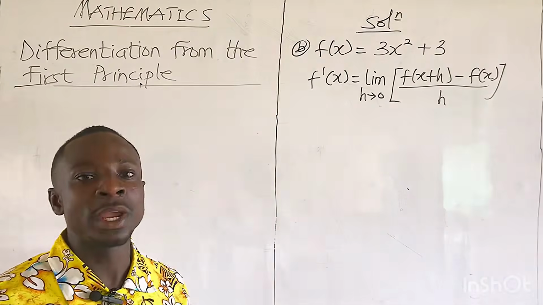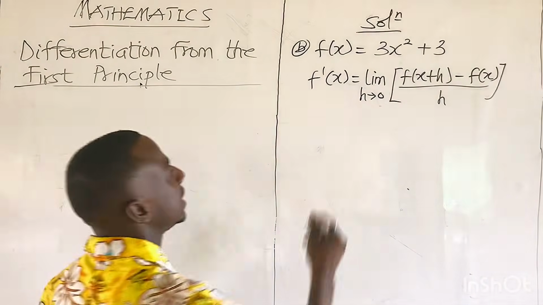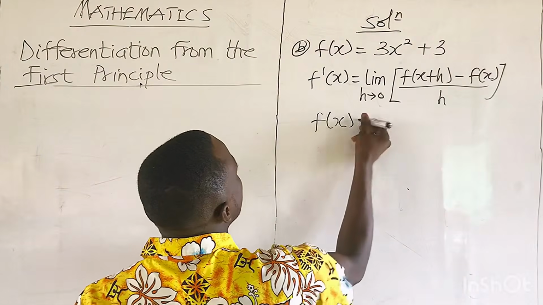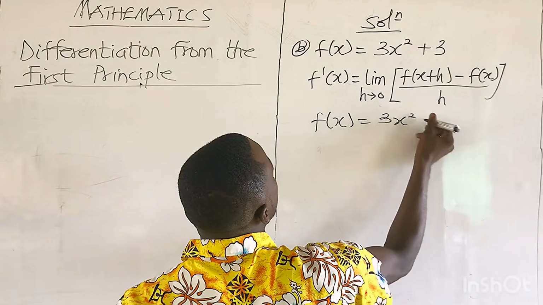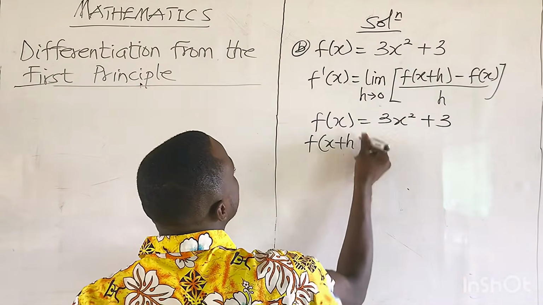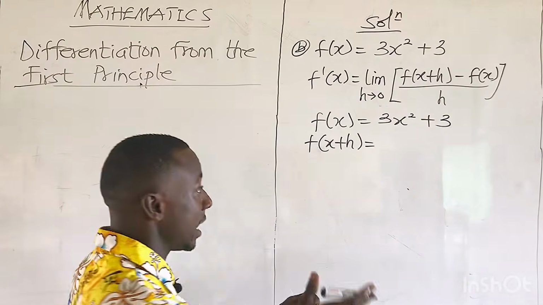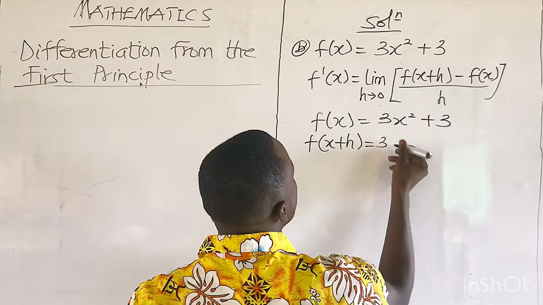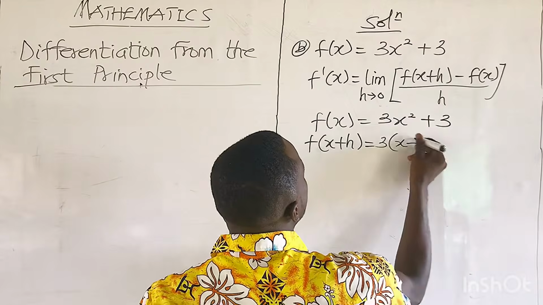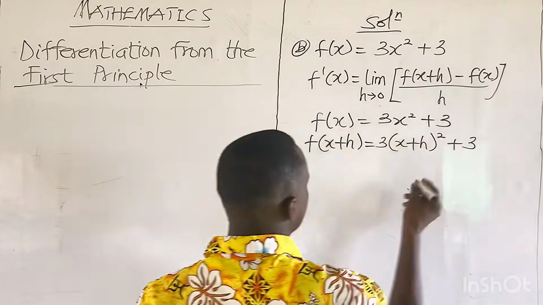So over here we have to get our f of x plus h. But f of x is equal to 3x squared plus 3. In that case, for f of x plus h, anywhere we see x, we will attach h to it. So we have 3 into bracket x plus h all squared plus 3.